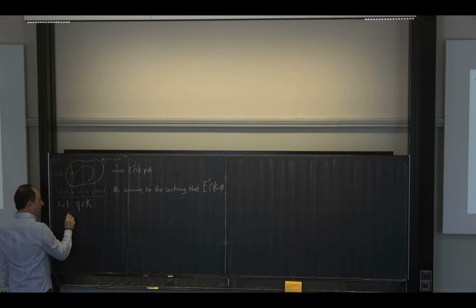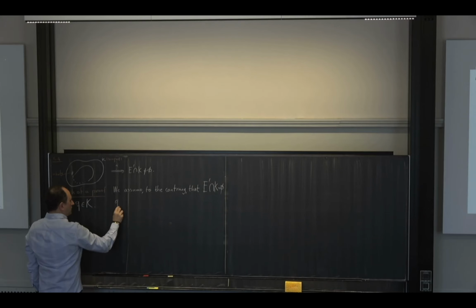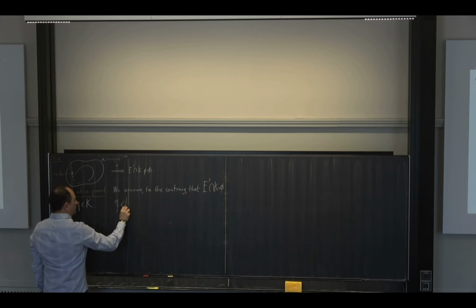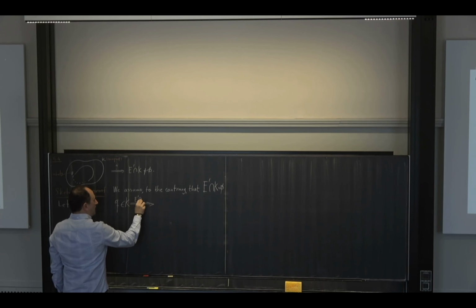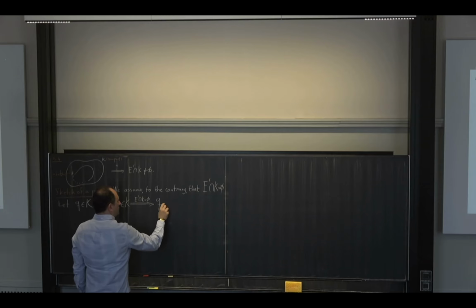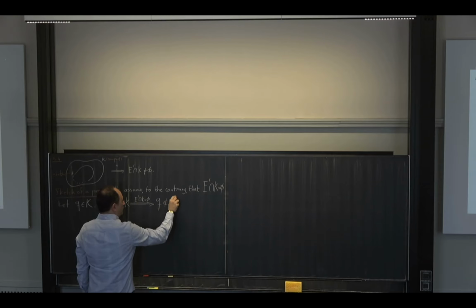Q belongs to K, so because E prime intersect K is assumed to be empty, Q does not belong to E prime.